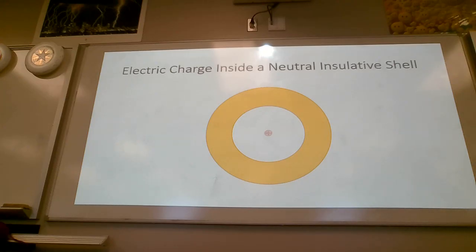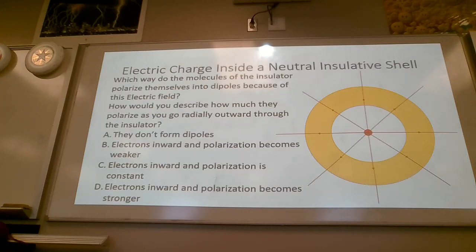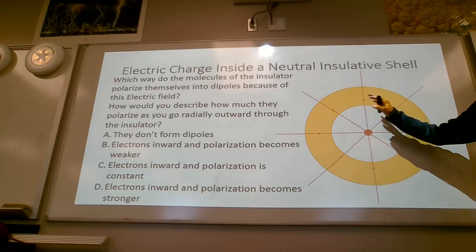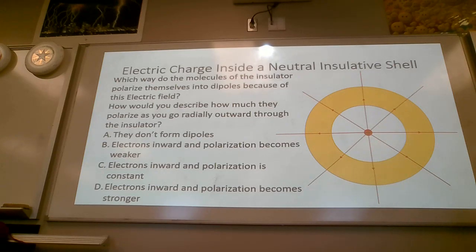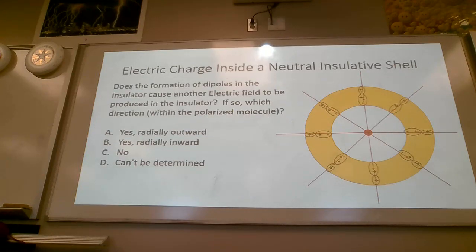What happens when we do the same experiment with an insulator? Okay, so there is an electric field. We've established that. What happens because of what happens to the molecules? How do they polarize? Okay, nice, I did draw that. So electrons go inward.